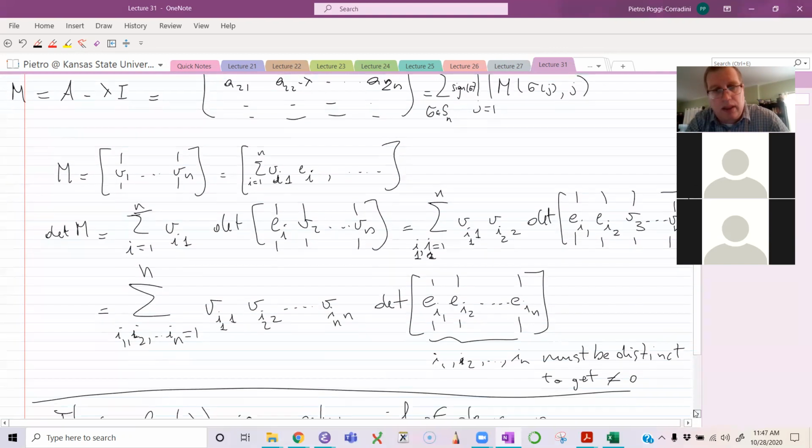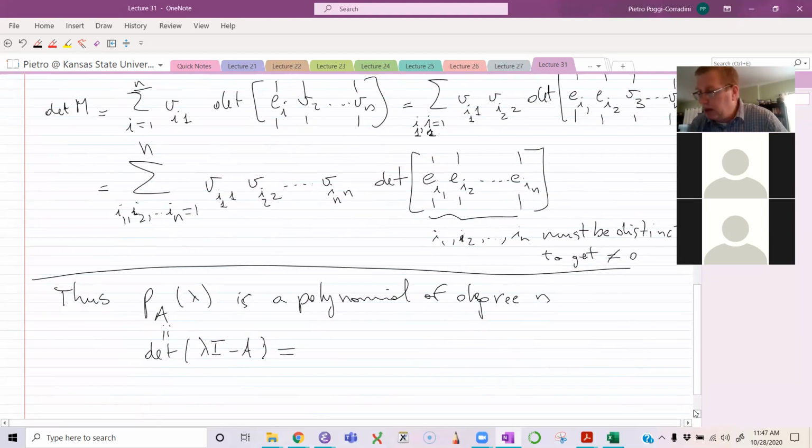So that's going to be the n, and then there's going to be lower order terms. So the leading coefficient is, you write it like that. That makes sense?